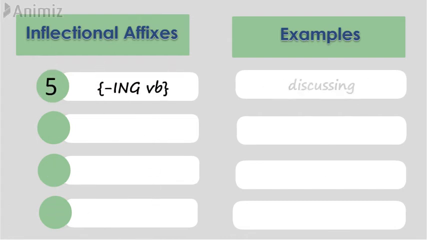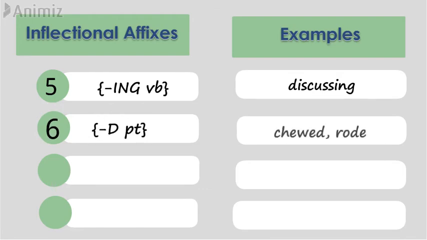Present participle as in discussing, past tense as in chewed and rode, past participle as in chewed, eaten and swam, comparative as in bolder, sooner and nearer, and superlative as in boldest, soonest and nearest.